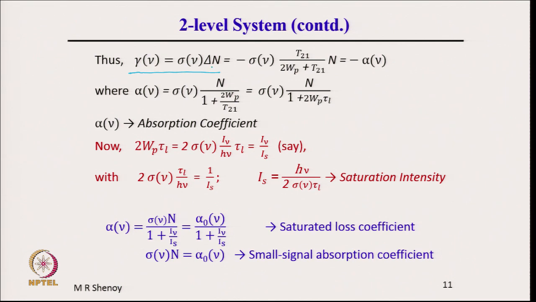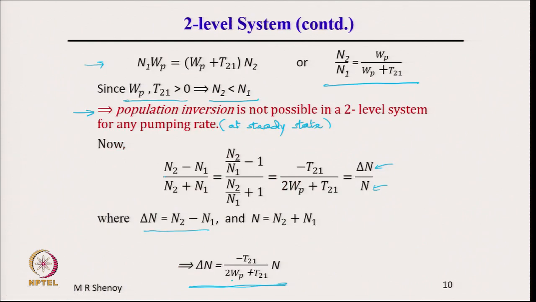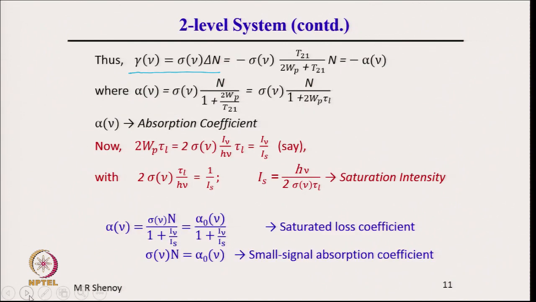If we substitute for delta n from the previous expression, then we get gamma of nu is equal to minus sigma of nu into T21 divided by 2Wp plus T21, into N, which we call, keeping this minus sign here, minus alpha nu, where alpha nu is all the rest.